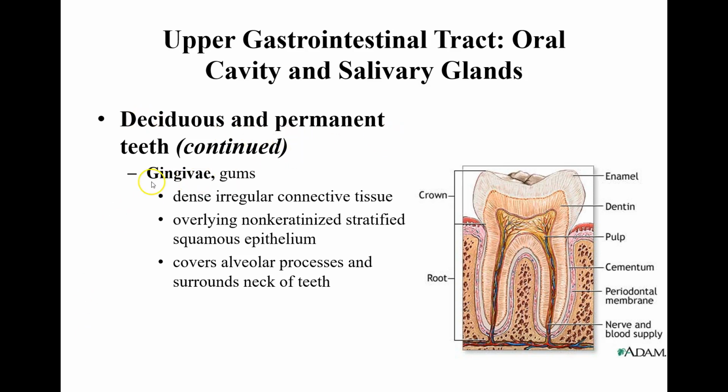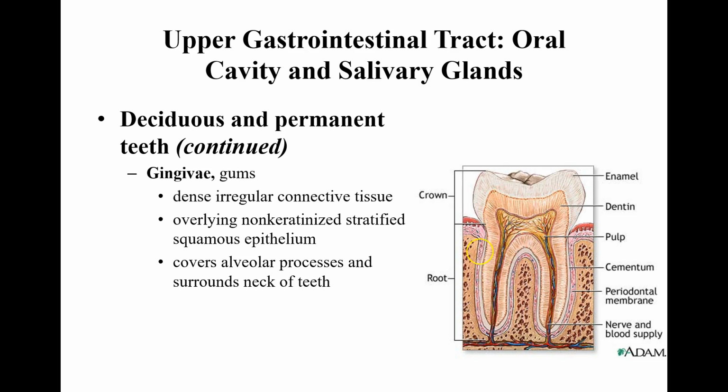So teeth are held in place by the periodontal ligament, and the structure that surrounds the tooth and the bone is called gingivae. Gingivae is dense irregular connective tissue. It has a stratified squamous epithelium that surrounds it. So the gums that we see are stratified squamous epithelium with underlying dense irregular connective tissue.